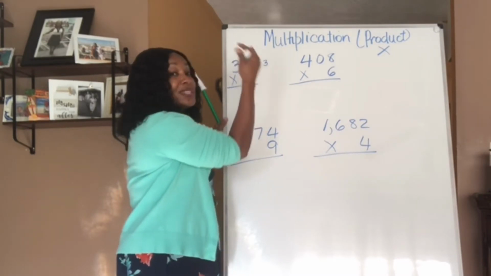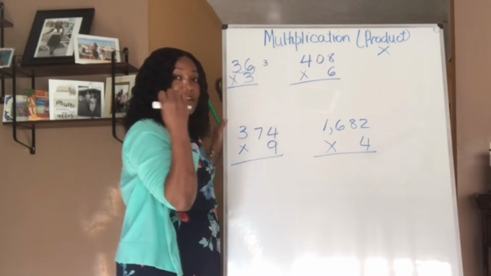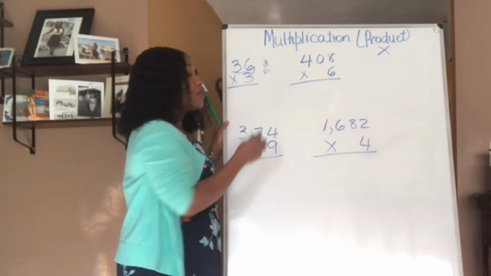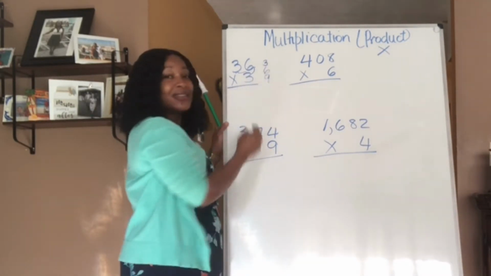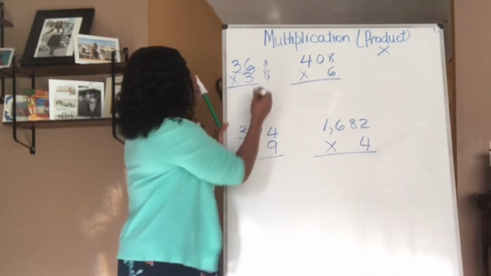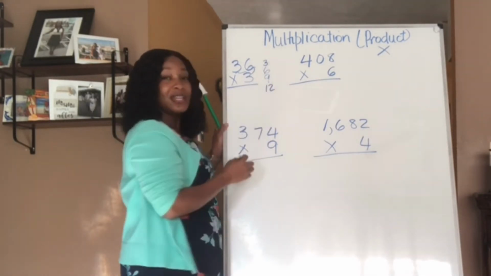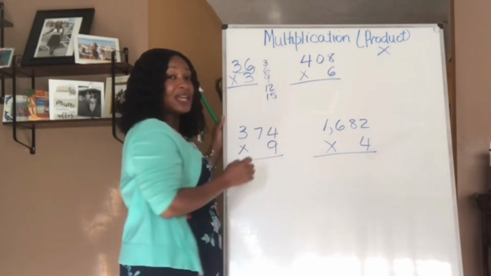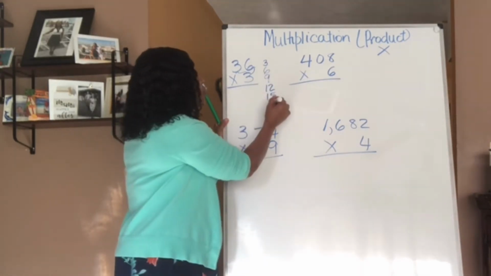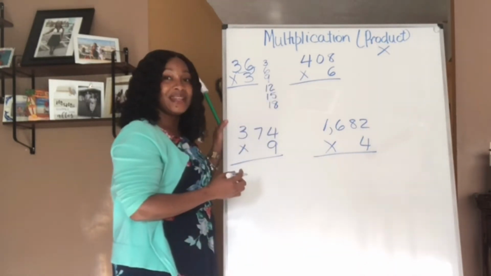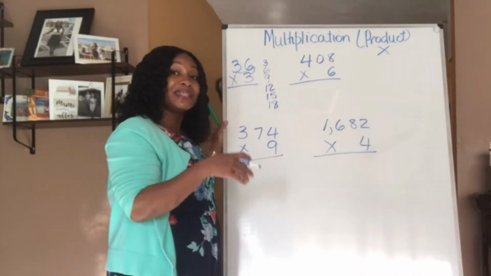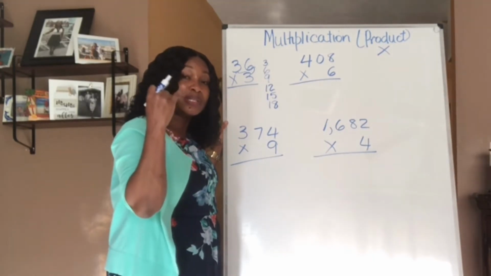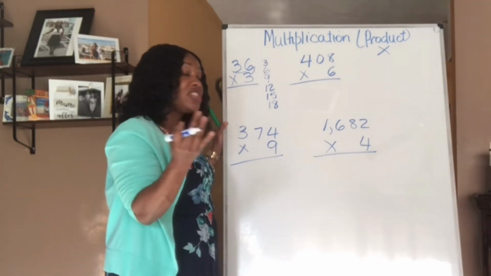So 3 plus 3 more, 4, 5, 6. 6 plus 3 more, that's 9. 9 plus 3 more, that's 12. 12 plus 3 more, that's 15, and 15 plus 3 more, that's 18. If you can't say it automatic like me, then you need to count them on your finger. So keep adding 3 each time.